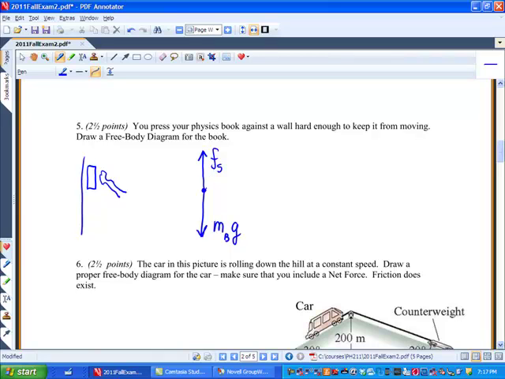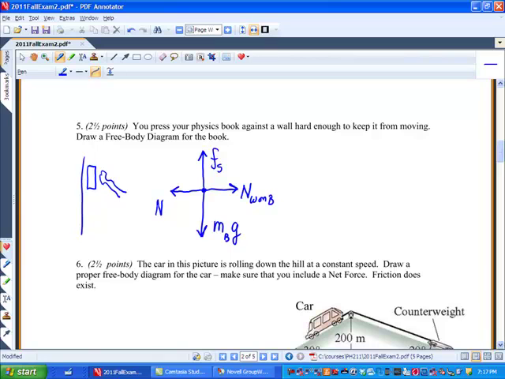The wall is pushing against the book, and that type of force is a normal force. And I might say the normal of the wall on the book, because the hand is also pushing against the book. And truly, that's a normal force too.